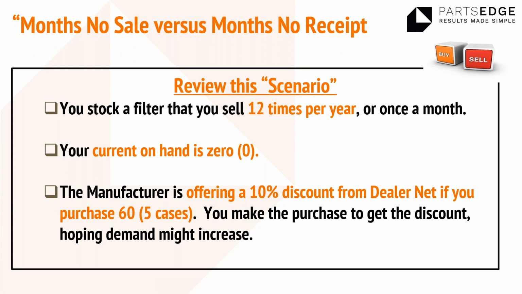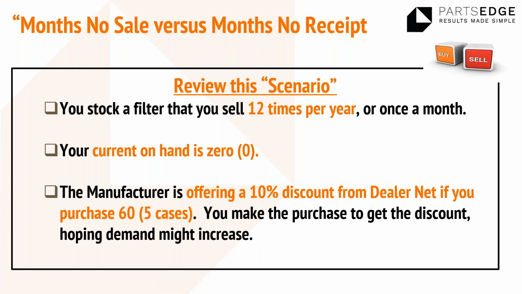And now your current on hand is zero. And along comes your manufacturer. And the manufacturer has a special program where if you buy a certain amount of these filters, they'll give you a 10% discount below dealer net. And so you make the decision to get the 10%, you've got to buy 5 cases or 60 of these filters.